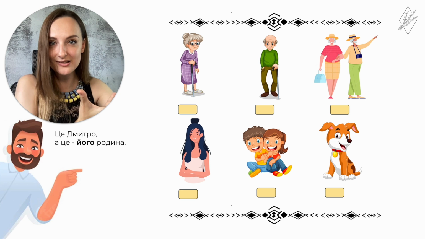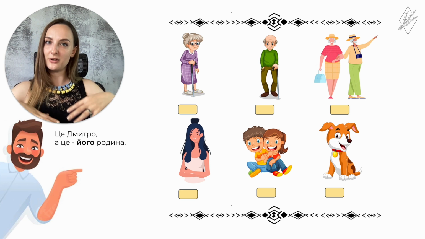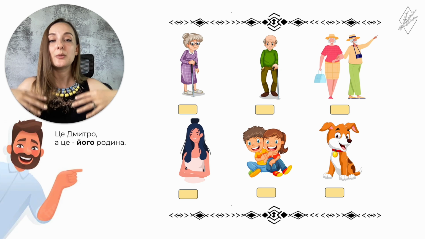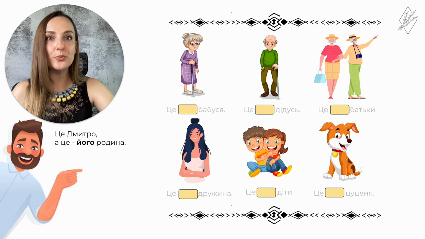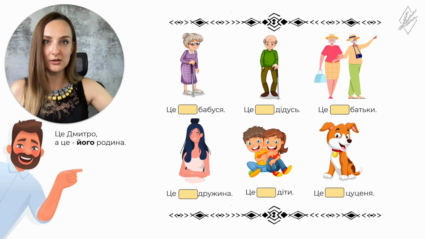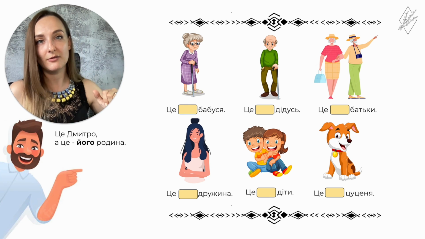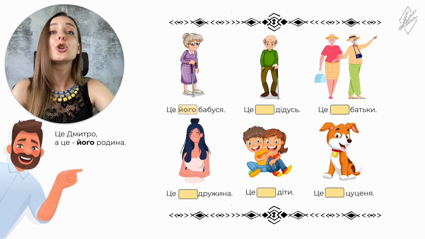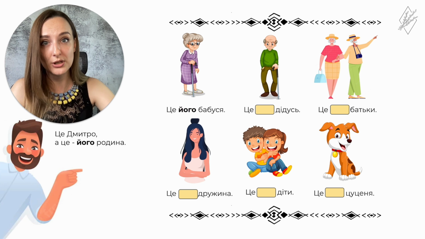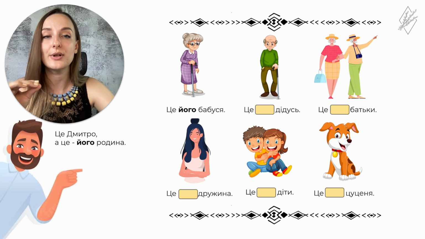So his family. Imagine that we are speaking already not from the first person, from his person, but about him as the third person. Then, which pronouns we will use in the same sentences when we want to say, this is his grandmother, his grandfather, and so on. Це його бабуся, right? Його бабуся, his grandma.